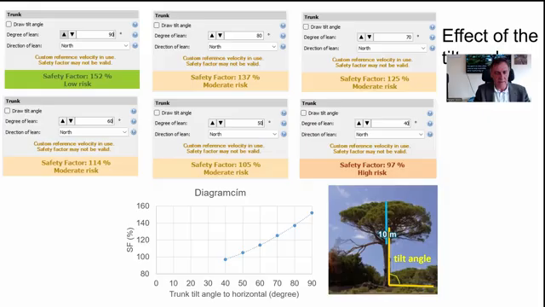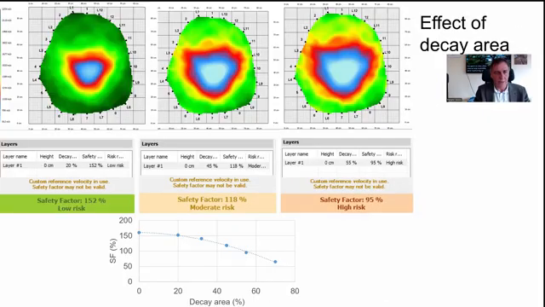So if I go back to the decay images, in here we can measure. There is a software feature to measure the intact wall thickness, and the very simple parameter, the residual wall thickness relative to the radius of the tree, is an indicator of the risk.